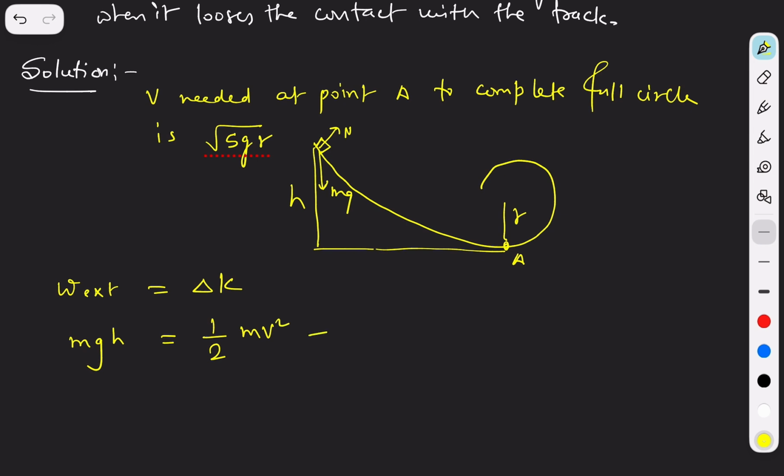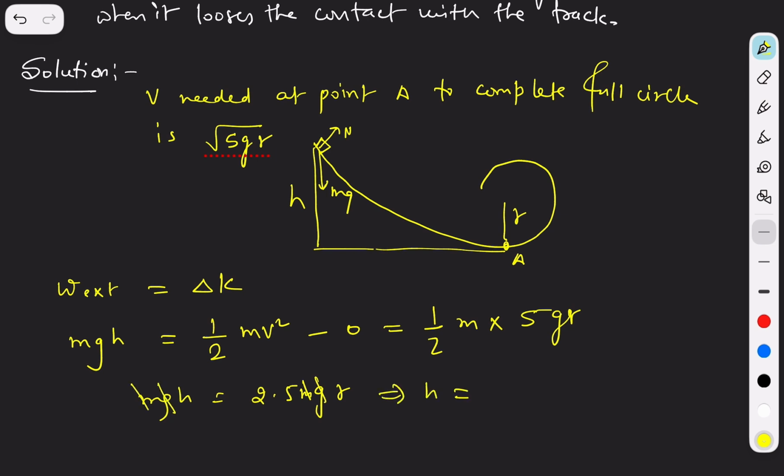So half m, v needed is root 5gr, so v square is 5gr. So mgh is equal to 2.5 g into r. Since m is there, mg is cancelled out, and from here we can say h is equal to 2.5 r. So question number 1 answer is that the height needed is 2.5 r.